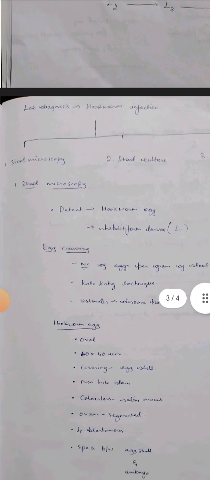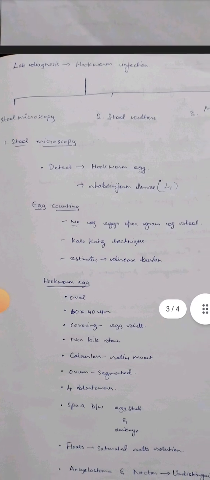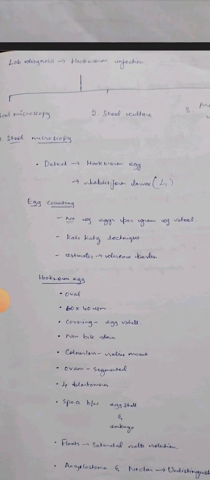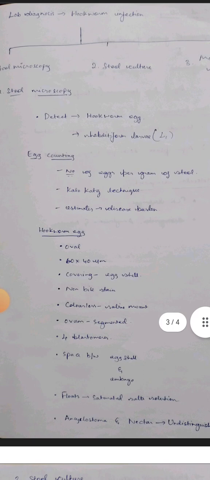Stool microscopy is used to detect hookworm eggs and rhabditiform larva, that is the L1 stage of larva, and it is also used in egg counting, that is number of eggs per gram of stool, and the technique used is Kato-Katz method, and the number of eggs estimates the disease burden.